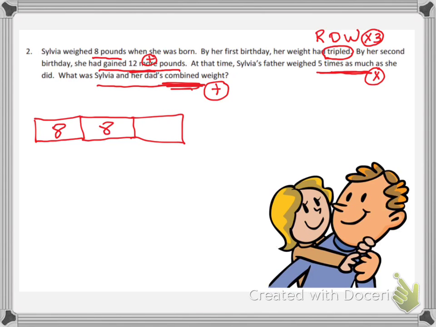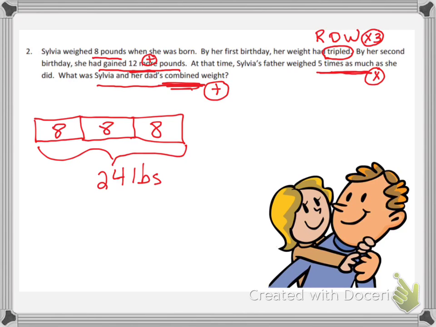So 8 and 8. So we got 3 groups of 8. And the total of this, by her first birthday, 3 times 8 is 24 pounds. So by her first birthday, she weighed 24 pounds.